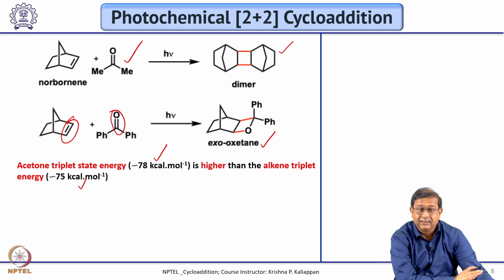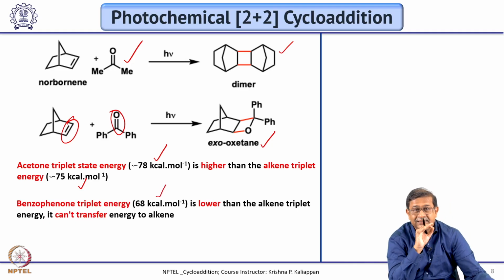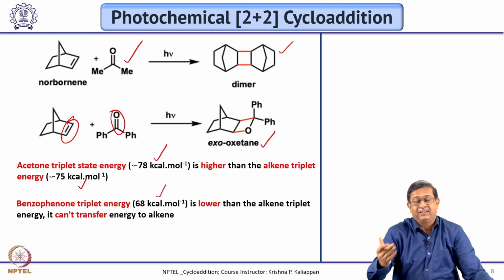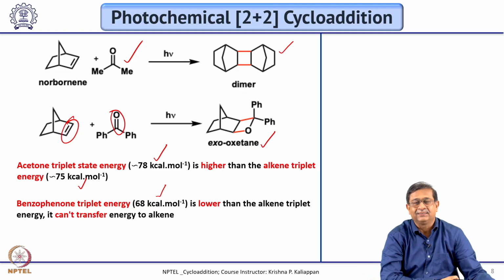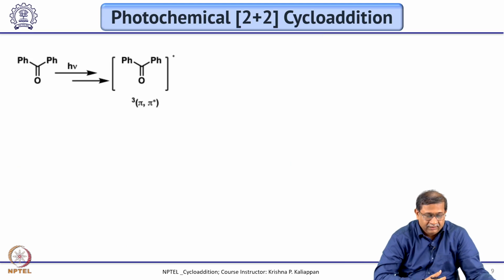But in the case of benzophenone, the triplet energy is 68 kilocalorie per mole, which is obviously lower than that of norbornene. So when it is lower, it cannot transfer energy to the alkene. That is why, instead of transferring energy to the alkene, it prefers to react with the alkene to give the corresponding 2+2 cycloadduct.